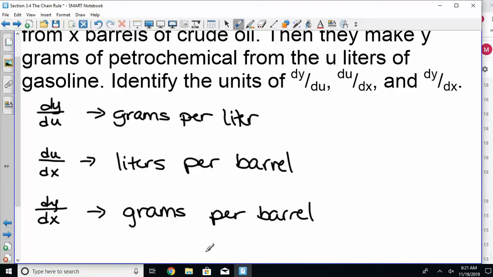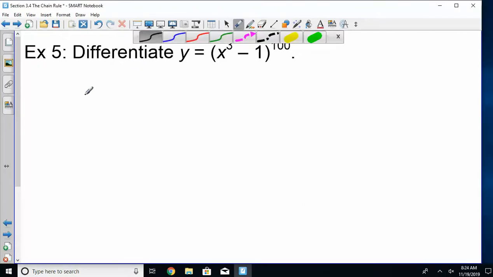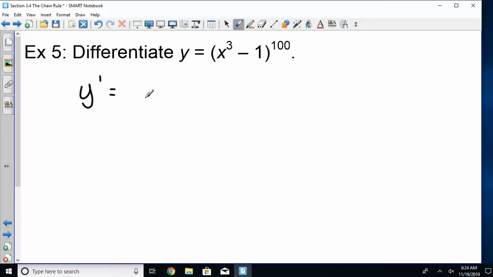Why don't you guys do the next three examples, 5, 6, and 7. I want you to practice doing your chain rule. Catch mistakes. So when I'm doing this derivative, outside is the 100th power. So the 100 comes down, inside stays the same, subtract 1 from the power.